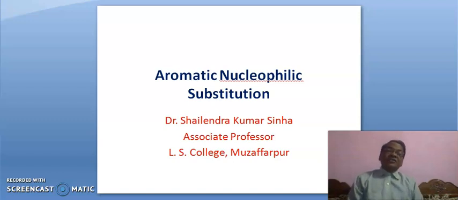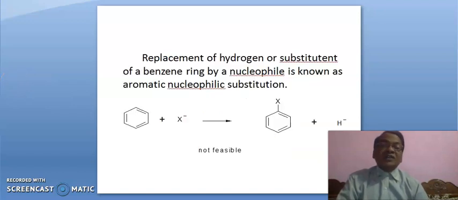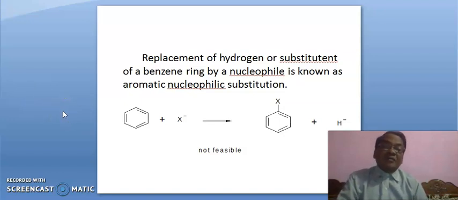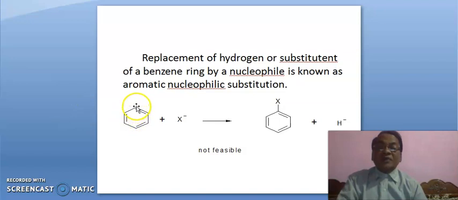What is nucleophilic substitution? Removal of an atom or a substituent from benzene ring by another nucleophile is known as nucleophilic substitution. Here you are looking at hydrogen from here.